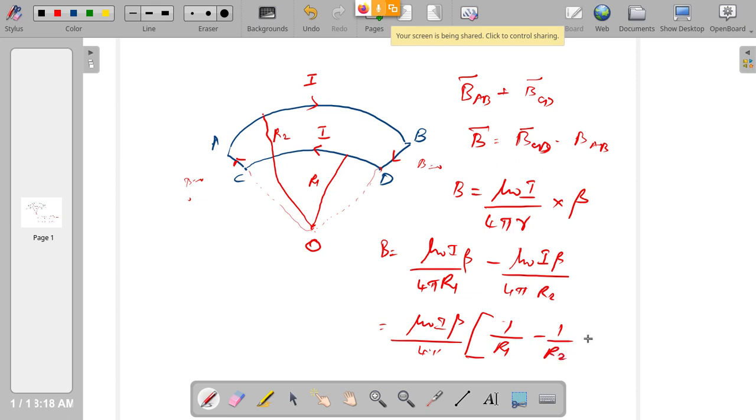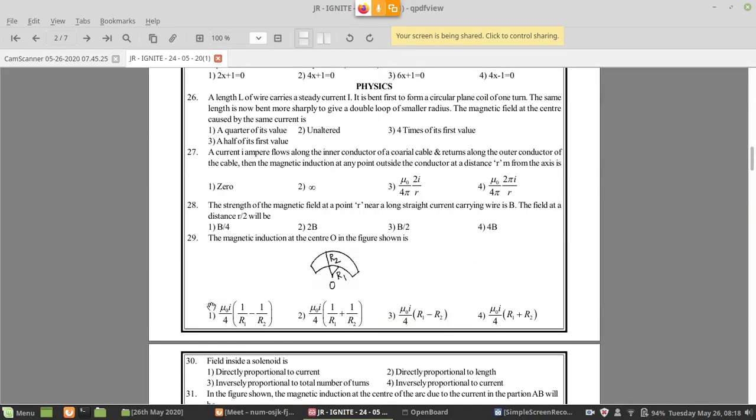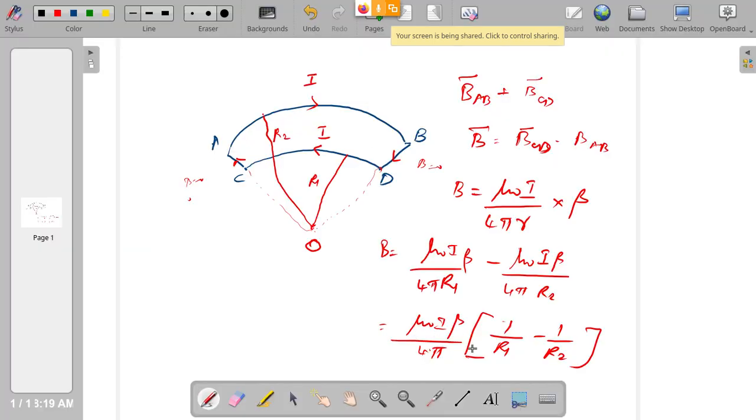Now if you see the choices here, the first choice is matching, but you can see that clearly the 4 pi is missing and beta is missing. That means this has to be assumed to be not just an arc, it is a semicircle actually. That is why the pi is cancelled and the beta is cancelled. In none of the 4 choices is a denominator pi given or a numerator beta given, so our relationship is the complete relationship.